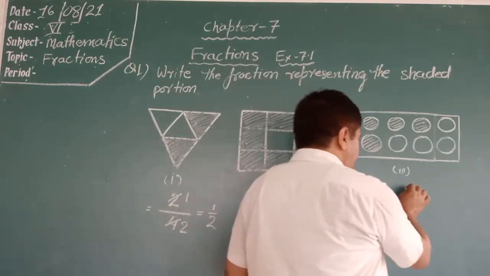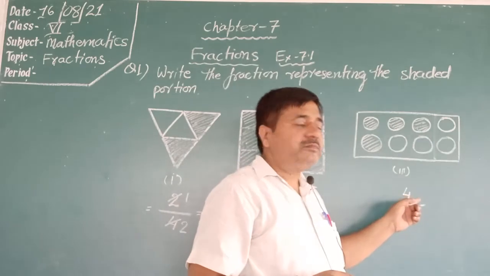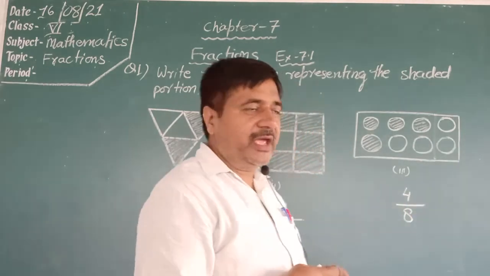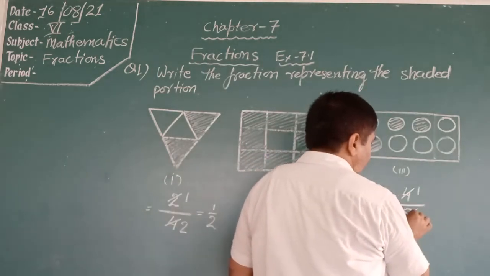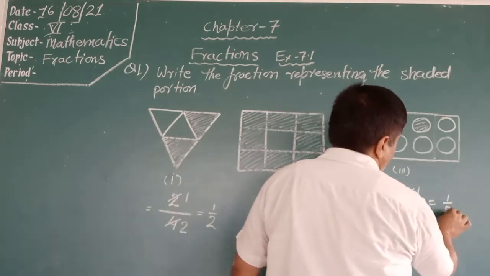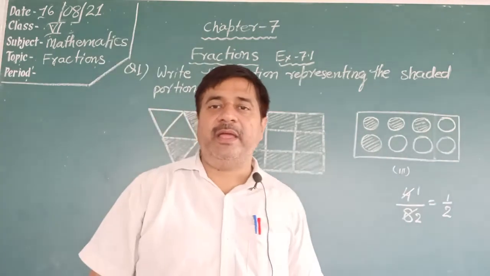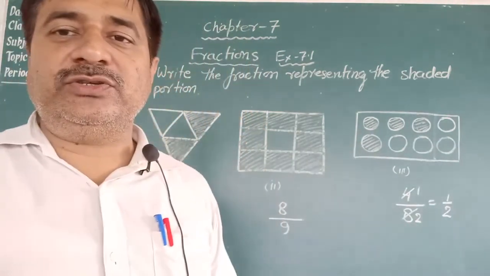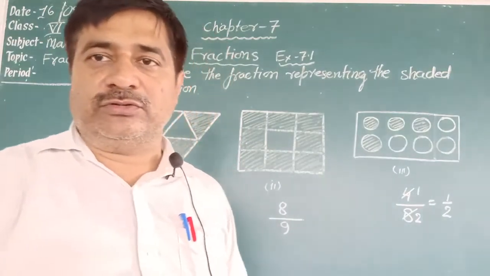So 4 parts are shaded, and if it can be cancelled, then you cancel it. 4 ones are 4, 4 twos are 8. Now it becomes 1 by 2. So your answer is 1 by 2. Okay, students, similarly solve the other parts also.